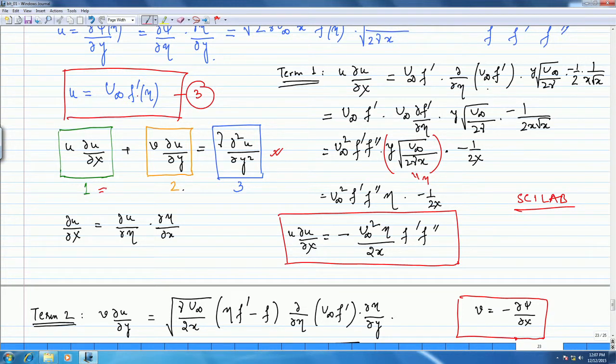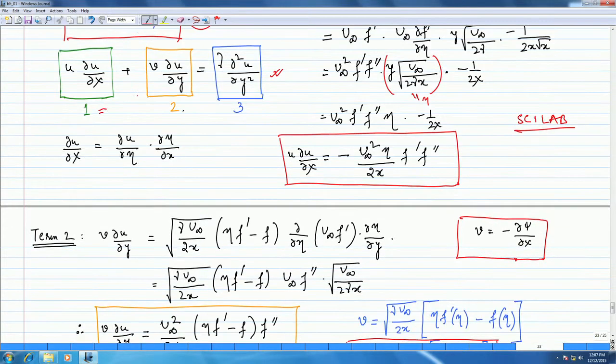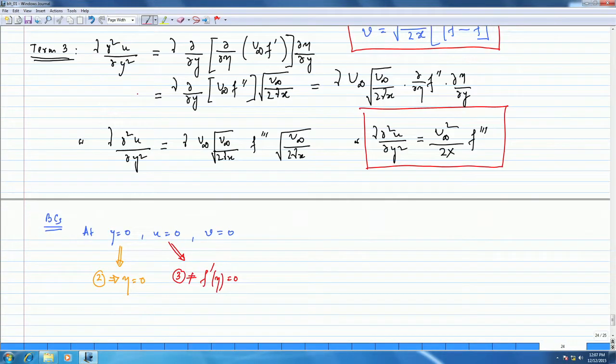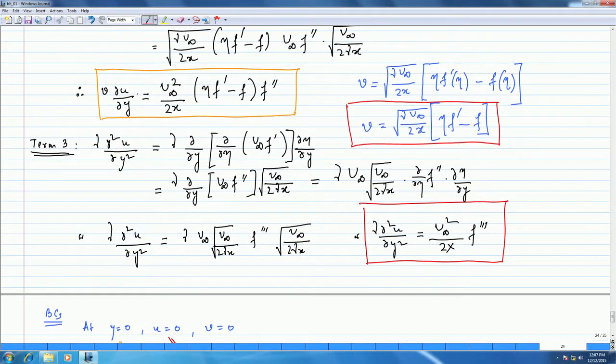And again, we have an expression for v, so v is also 0. So if v is also 0, what you get is that f is also 0.